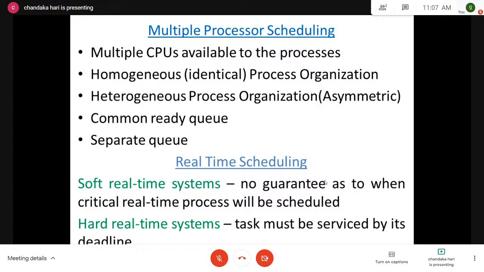Whereas in a heterogeneous processor organization, if a process is compiled on one particular CPU, it should be executed on the same processor. It cannot be executed on any other processor. Why? Let us take i3 and i7. The addressing modes and instruction formats of i3 are completely different from those of i7.